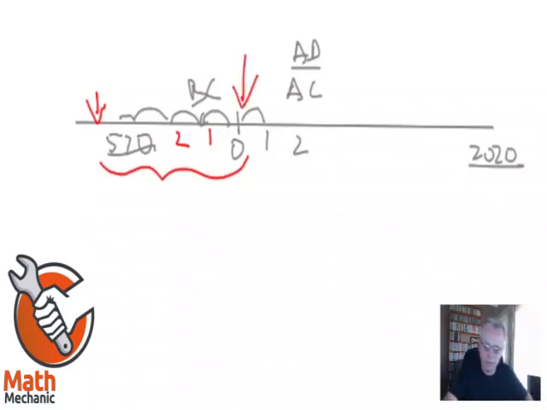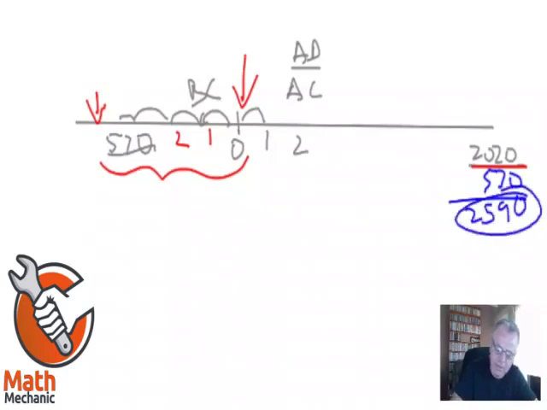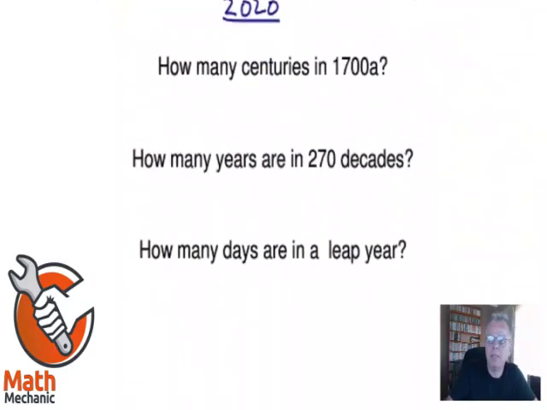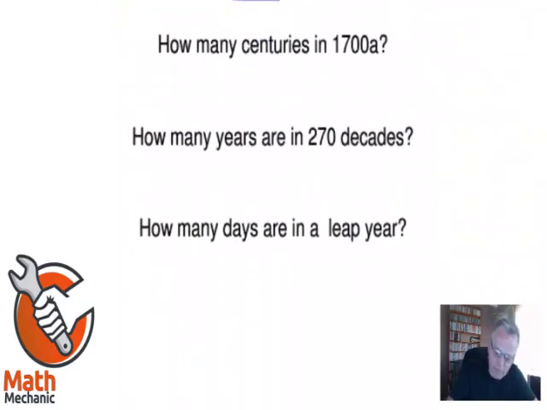And then another 2020 until where we are right now. So we just simply add those two. 570 plus 2020, so that's 0, 2 plus 7 is 9, 0 plus 5 is 5, and 2. So that gives us 2,590 years ago.